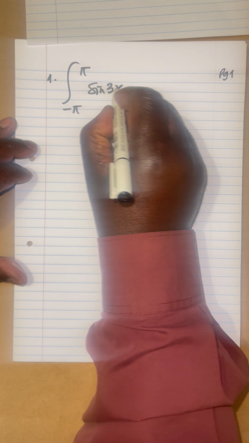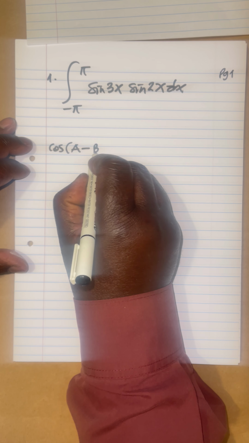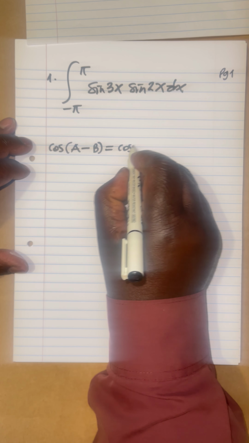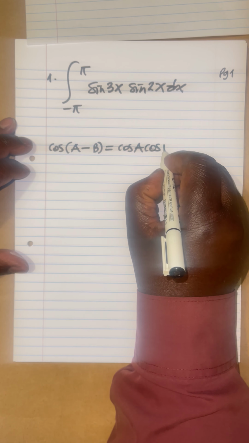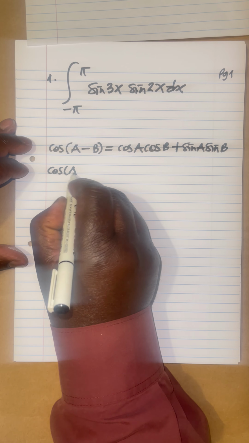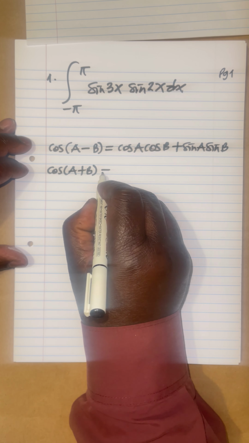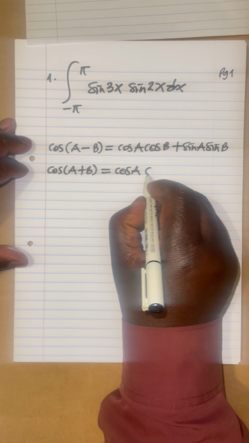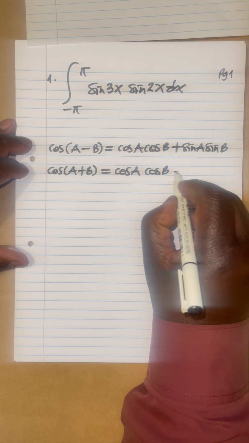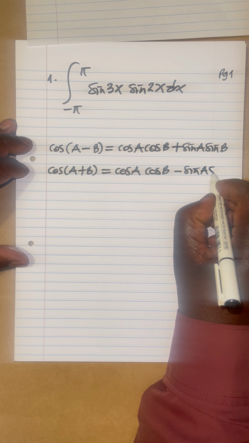What I was saying is, if you recall, cosine of capital A minus capital B is equal to cosine A cosine B plus sine A sine B. Now if I change the sign there to plus, I'm going to have cosine of A plus B, which will be equal to cosine A cosine B minus sine A sine B.